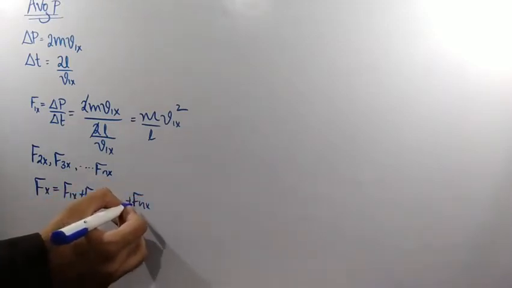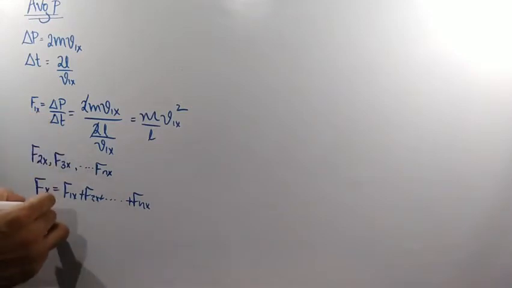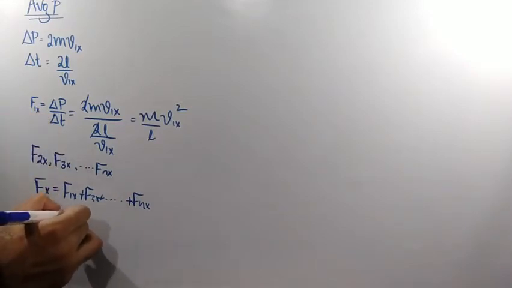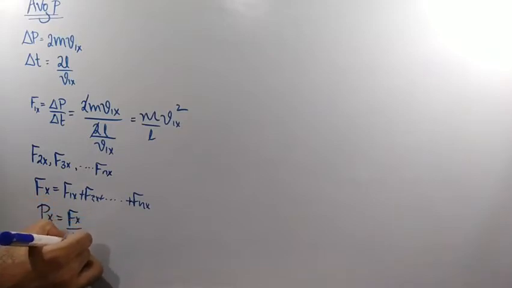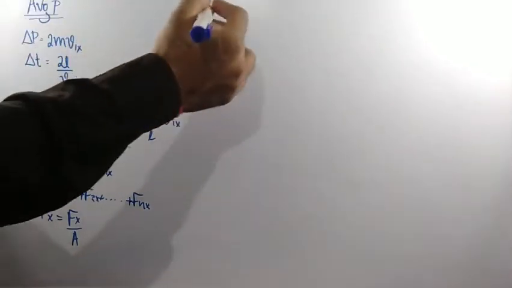Clear? So pressure on that face, the pressure towards the x-axis, we calculate as Fx by area A. Area will be how much? L square. Correct, no? So shall I erase this part? Shall we go to the next part? Or shall I continue over here?